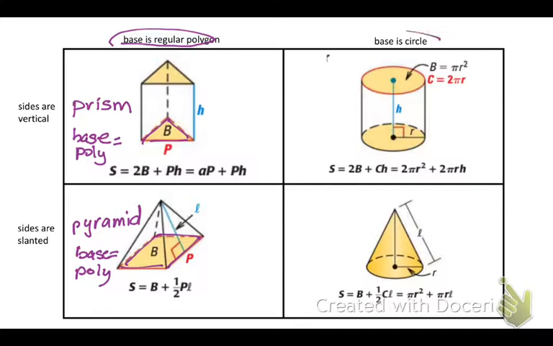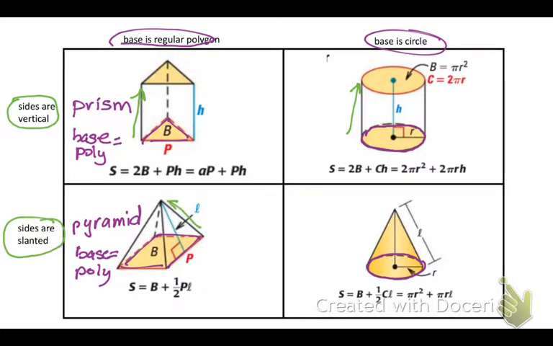And on this side, your base is a circle. So here you have your cylinder, your base is a circle, and your cone, the base is a circle. So that's what sets those apart. Now, on this vertical side, the sides are vertical. Here's my vertical side, and down here in this row, the sides are slanted.